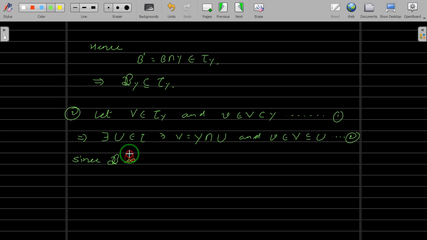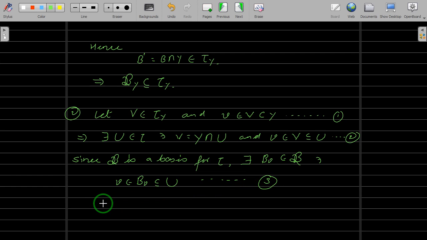Since this B is a basis for tau, and this U is an element of tau, and you are taking V in U, there exists, say, B suffix V, B_V, which belongs to the script B, such that this V will belong to this B_V, and which will contain set U. Again, I'm repeating, we are using the fact that this script B is a basis for tau, U belongs to tau, and V belongs to U, and hence by definition of basis we will have this fact. Let us denote this by 3.